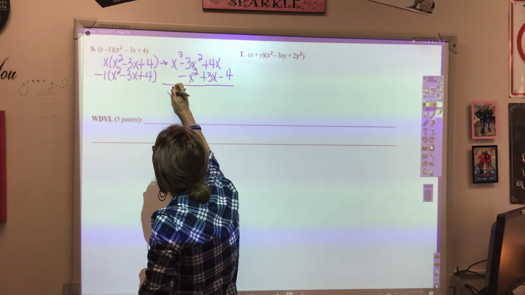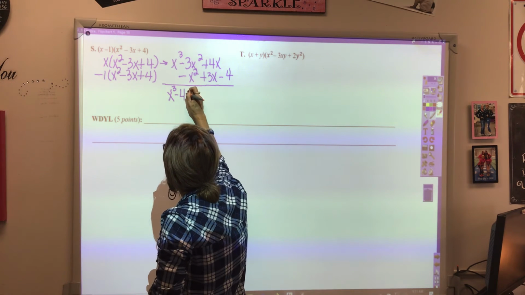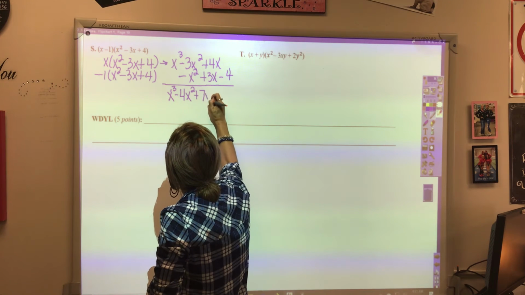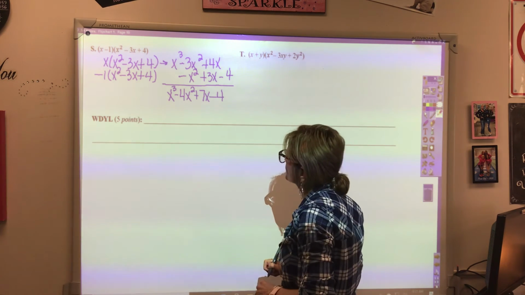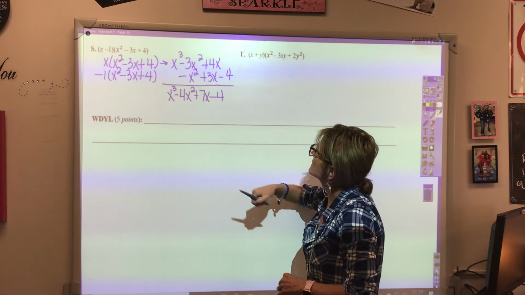Then combine like terms: x to the third minus 4x squared plus 7x minus 4. That doesn't look very good. That's a minus 4 right at the end.